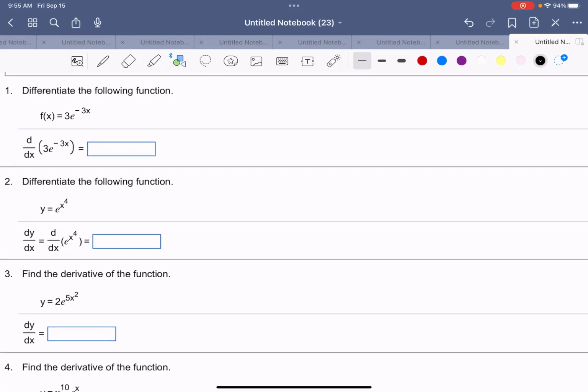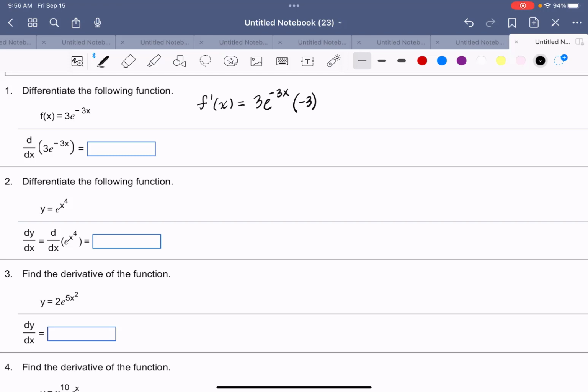So here's example number 1. We have f of x equals 3e to the negative 3x. So our f prime of x, for an exponential with a base of e, you always copy the function exactly as it is, and if the exponent is differentiable, you take the derivative of that exponent.